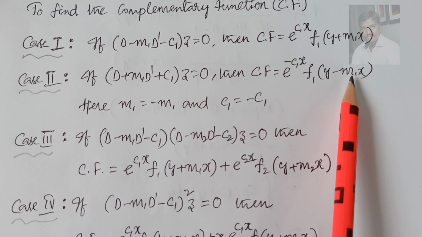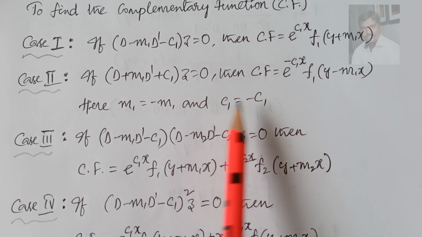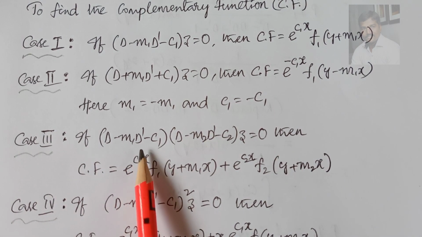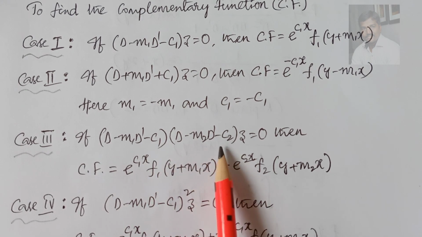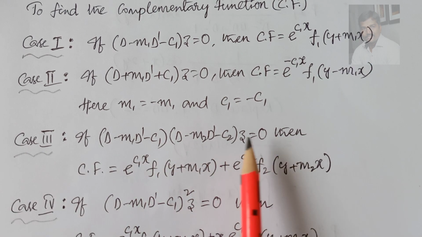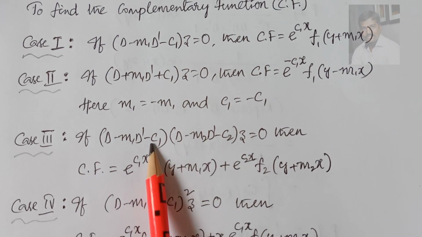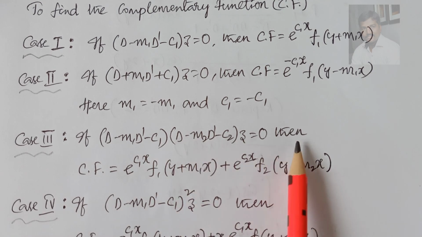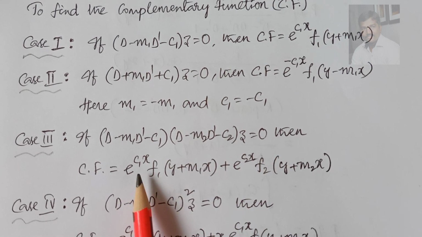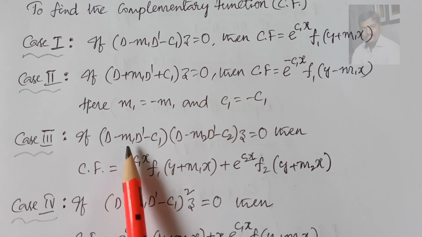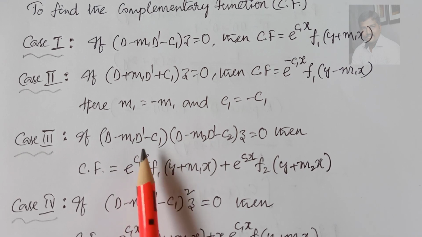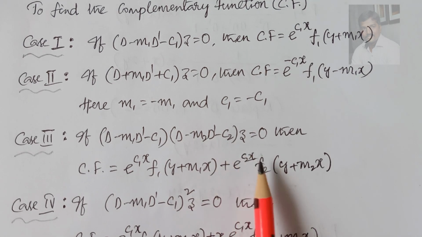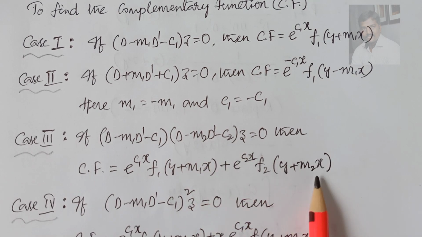Now let us discuss case 3. If (D − m1D' − c1)(D − m2D' − c2)z = 0, as a product of two factors, then the complementary function is e^(c1x) f1(y + m1x) + e^(c2x) f2(y + m2x).